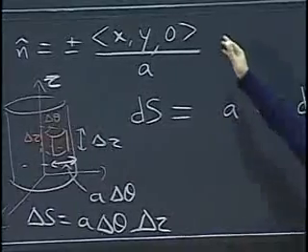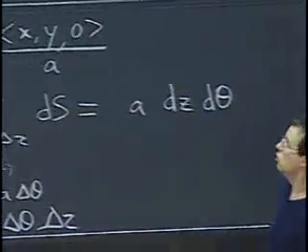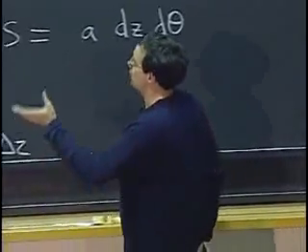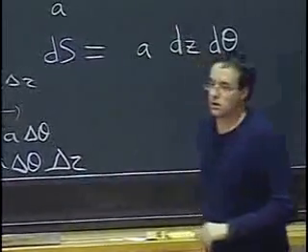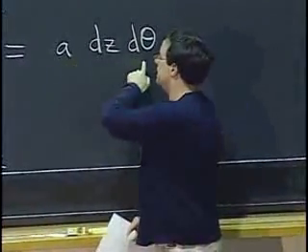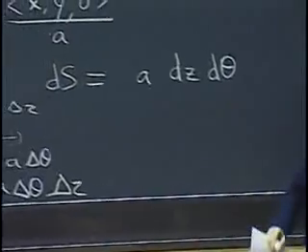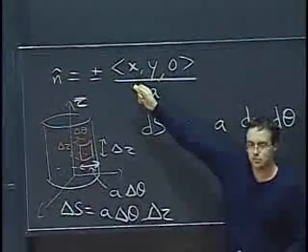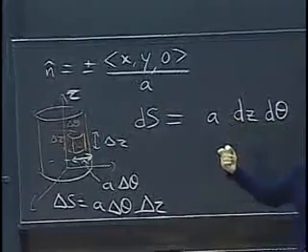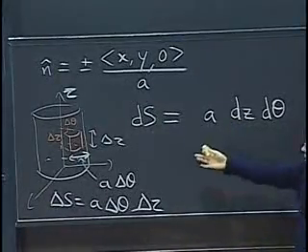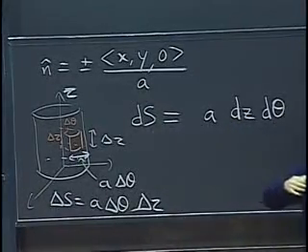Okay? And so when we set up the flux integral, we'll take first the dot product of F with this normal vector. Then we'll stick in this dS. And then, of course, we'll get rid of any x's and y's that are left by expressing them in terms of theta. Maybe x becomes a cosine theta, y becomes a sine theta.